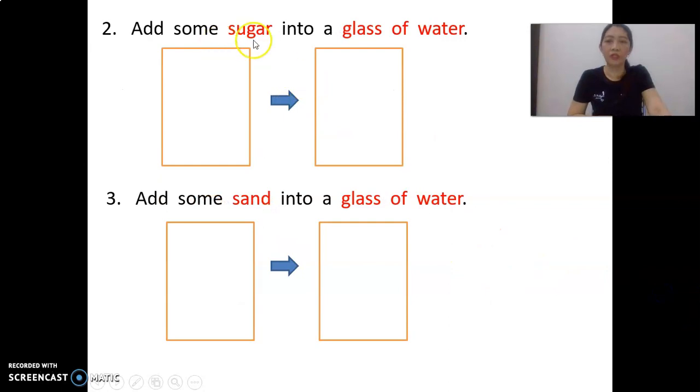Number 2 is some sugar. So you need to draw sugar. So what will happen into the glass of water when you stir the sugar? Number 3 is add some sand. Draw the sand into a glass of water. Then what will happen?